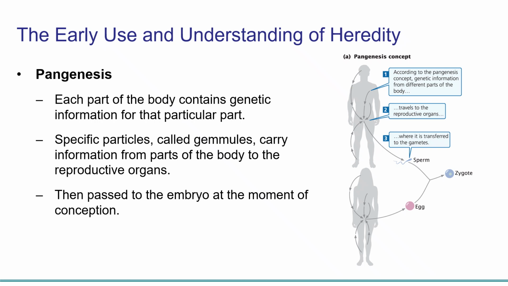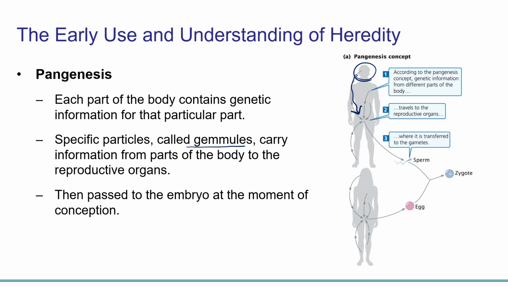subscribed to or believed in something called pangenesis. Now, pangenesis says that each part of the body holds its genetic information for that particular part. So, for example, your head contains the genetic information to make a head, and that information travels to the reproductive organs, where it is put into a little particle called a gemmule.